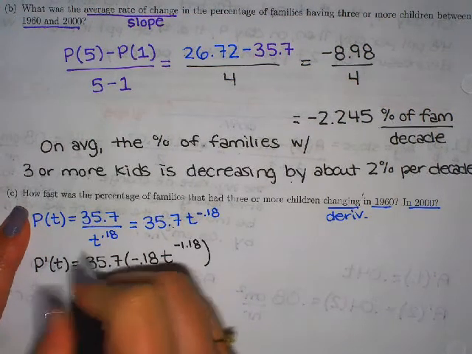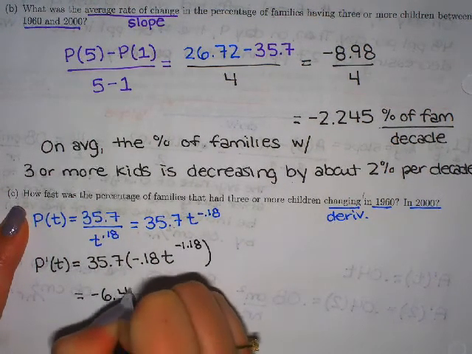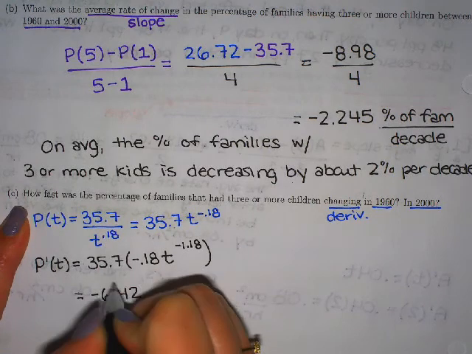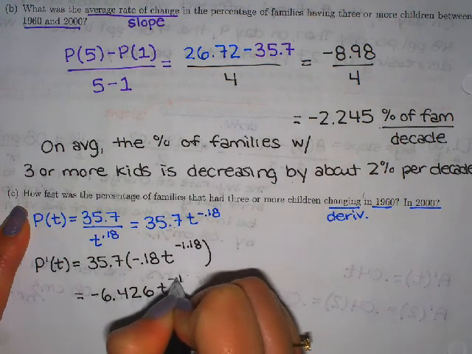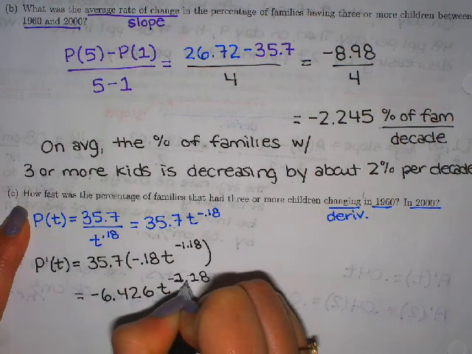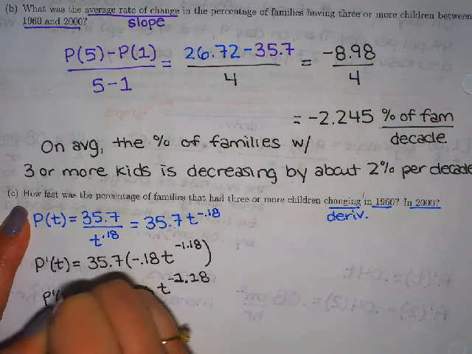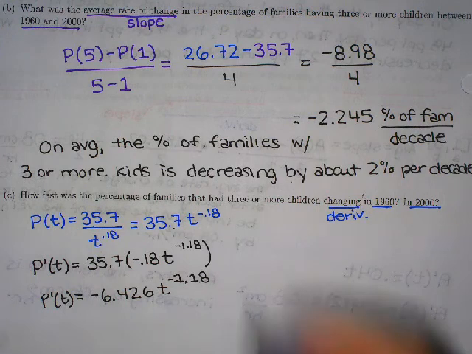And you could multiply these together out front if you want to. I will for this one, just in case you don't have a graphing calculator. It makes it easier on a scientific calculator to combine these, so you get negative 6.426 t to the negative 1.18. There's your derivative. And now we can plug in and compare.